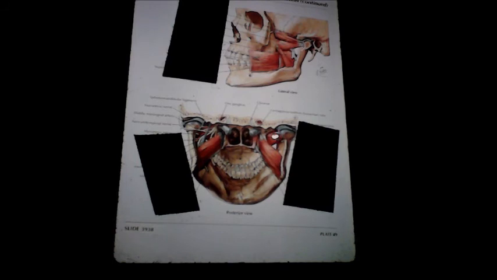So now you have the lateral pterygoid. You can see its action is primarily pulling the mandible forward, protrusion. That's the prime protruding muscle. And then the curvature of the condyle tends to make it curve downwards, so it's also involved in depressing the mandible.